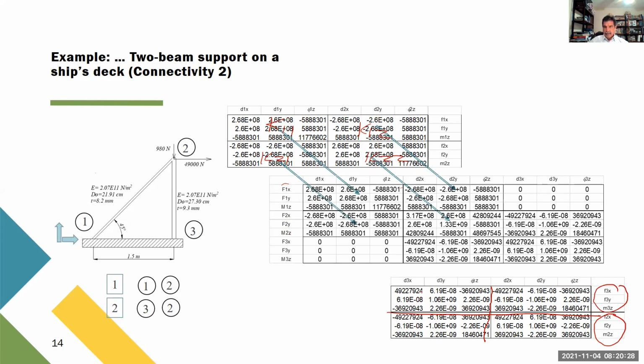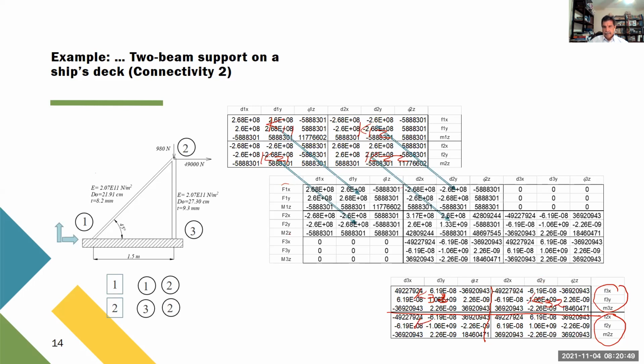Now here, this is K, row 3, column 2. I'm sorry, this is K33. This is row 3, but it's column 2.